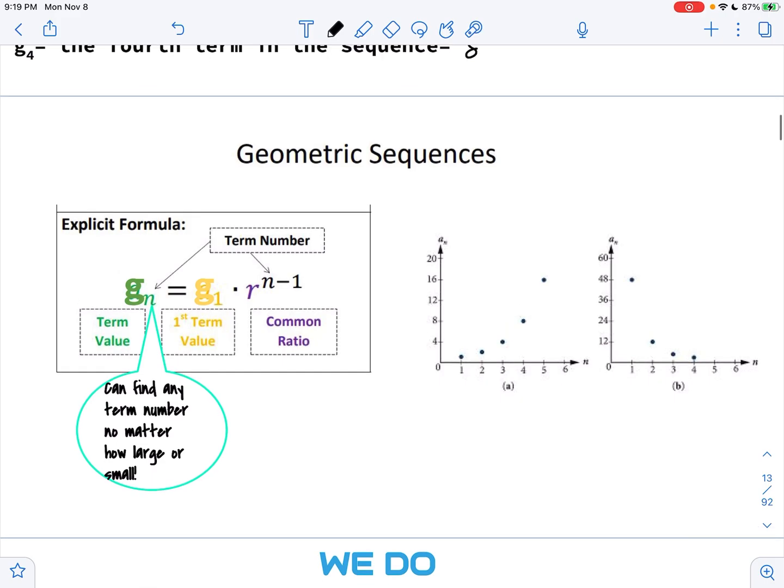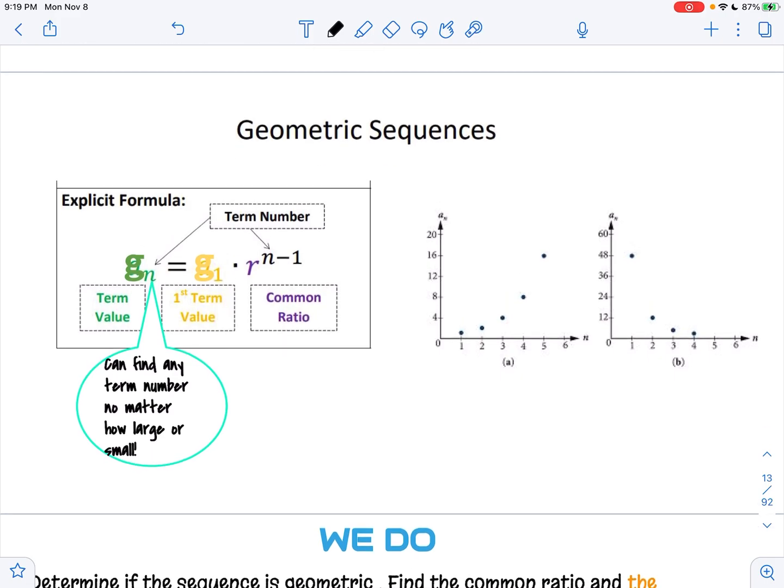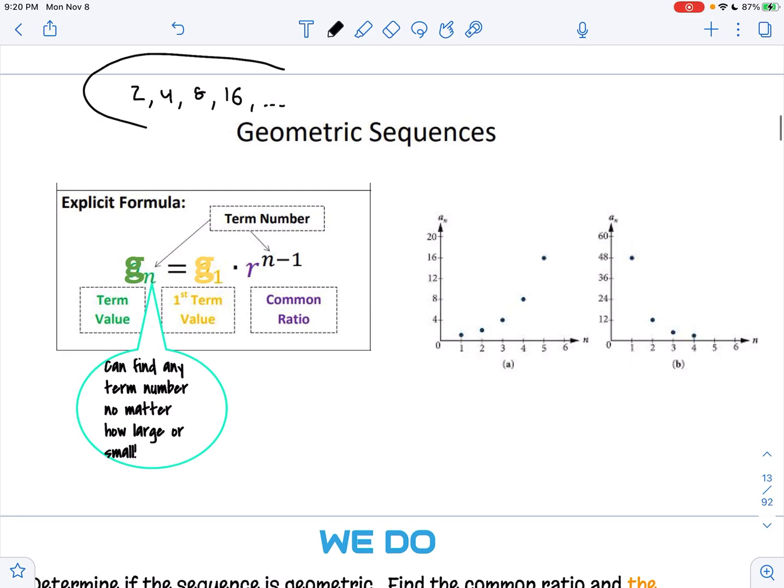So instead of having to write 2, 4, 8, 16, we can write some formula and then call the term that we want. What if we wanted to know the 18th term? We wouldn't want to have to keep on multiplying by 2. We would want an easy formula to tell us the 12th term or the 10th term, without having to multiply by the common ratio 10 times.